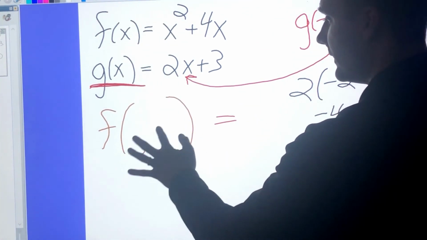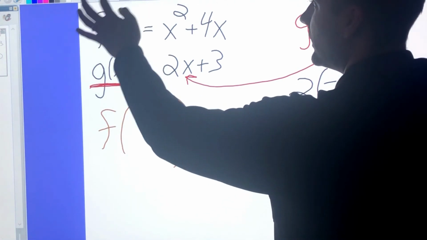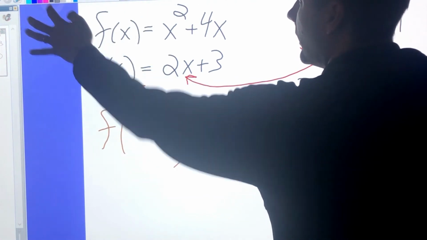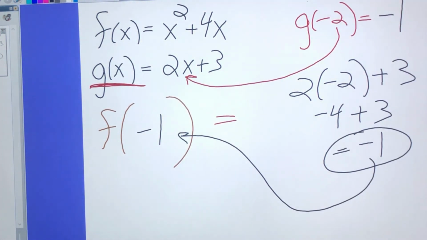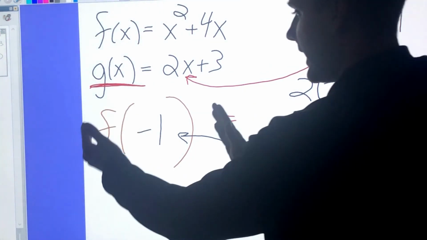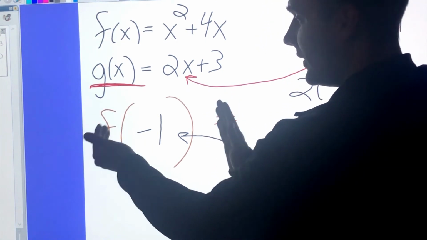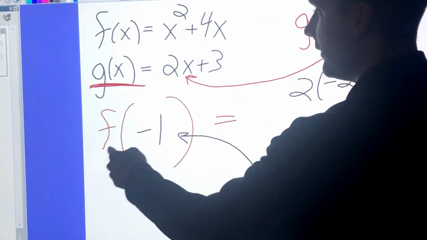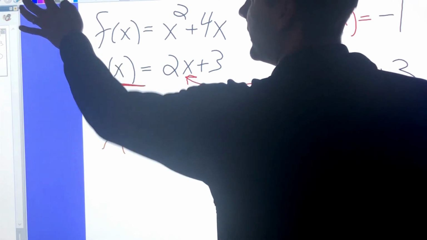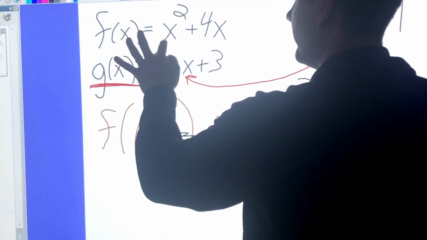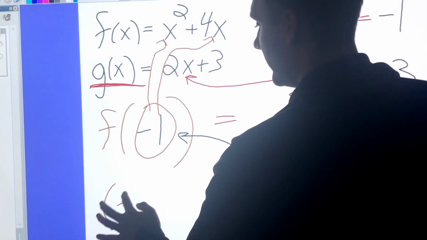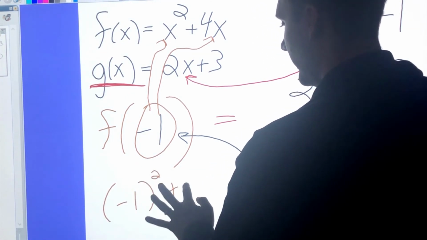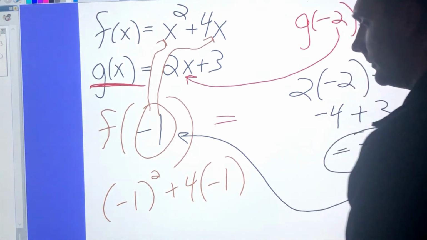Now that we've found this value, we can replace this notation with that value. So let me get rid of g of -2, because I know what that equals. That equals -1. So I'm replacing that old function with the value of -1. This function on the outside was waiting on that value. Now that I know what it is, I can evaluate f of -1. I take this value and plug it in for the x values of that function. That gives me -1 squared plus 4 times -1.